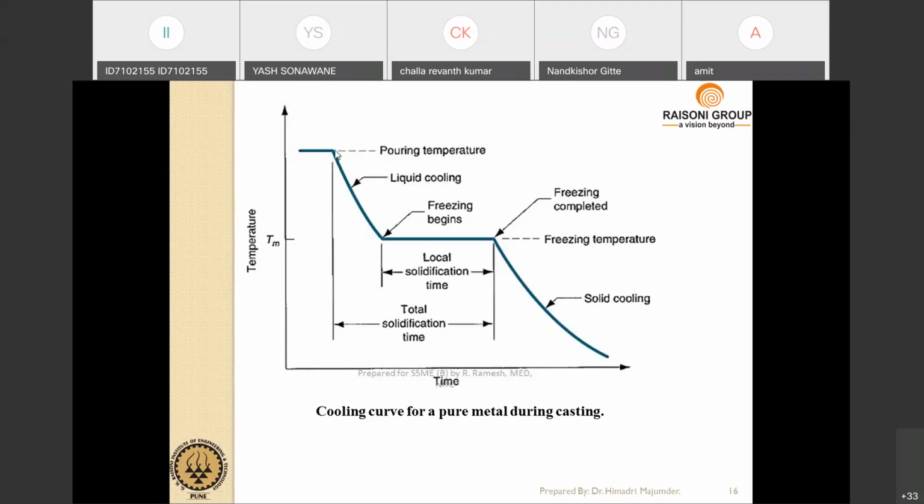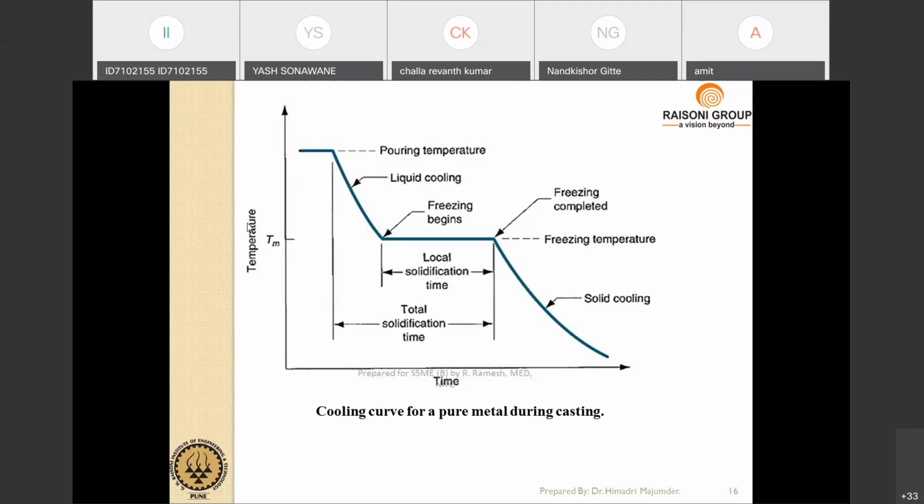At that time, if you see the cooling curve with the reducing temperature, you can see a downward graph. It is known as liquid cooling, which means you are cooling that liquid material, reducing the temperature.